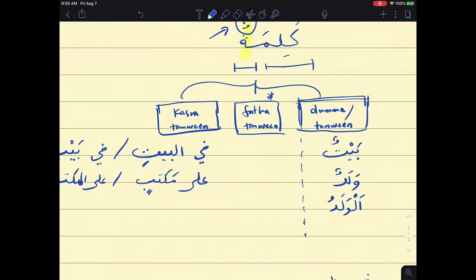Only 2, and one we're studying right now, which is what? After a preposition. After that, there's no other situation where you will ever put kasra.